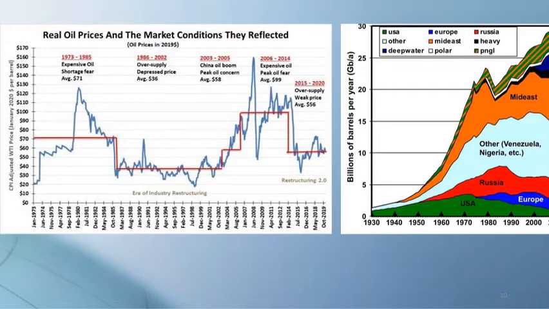So you can see that part of the problem, especially for the 1973 embargo, was that the US output had already peaked and it needed imports.